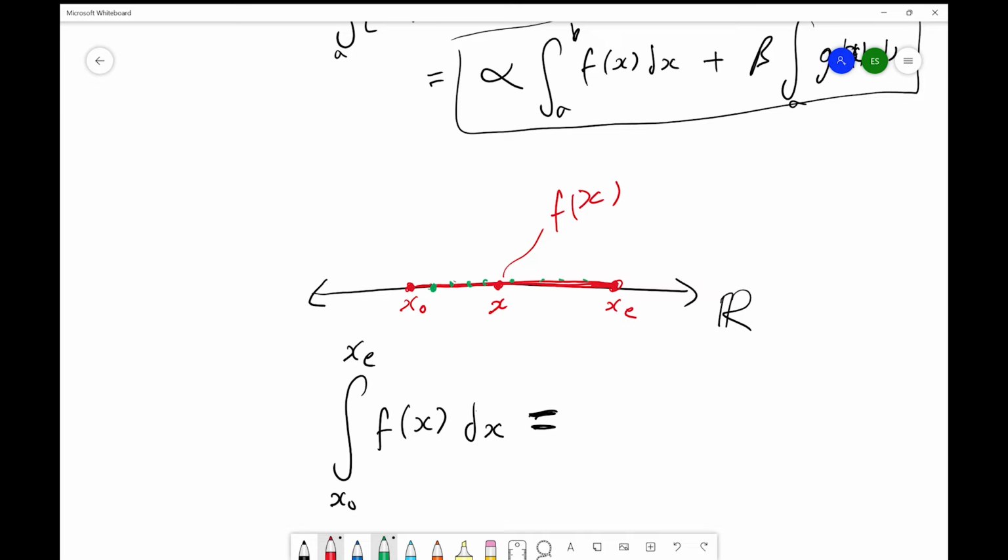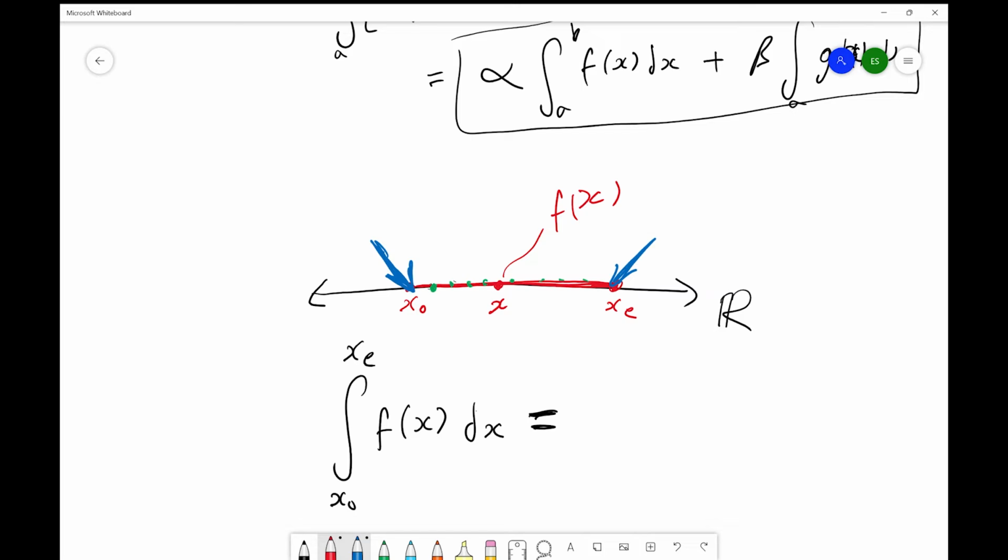However, it will be interesting to figure out whether there is a way to express this integral in terms of the boundary. What is the boundary in this case? The boundary is this point and this point. Is there a fancy way where we can write this integral directly from the boundary instead of looking into the region and summing all the points?